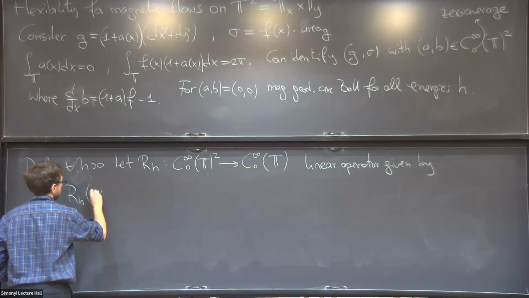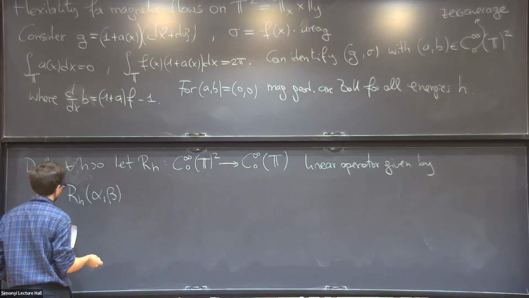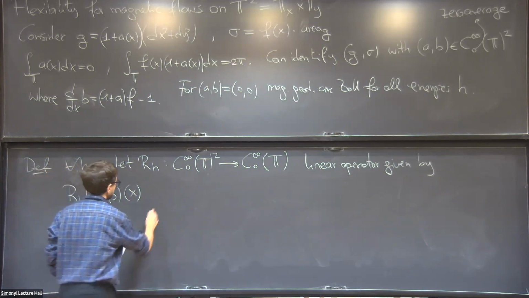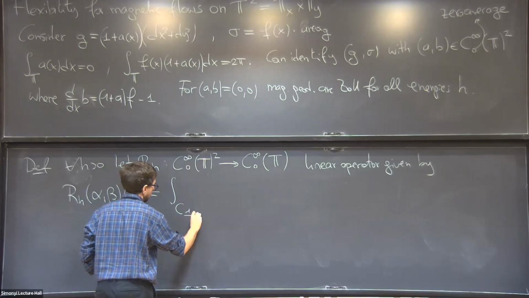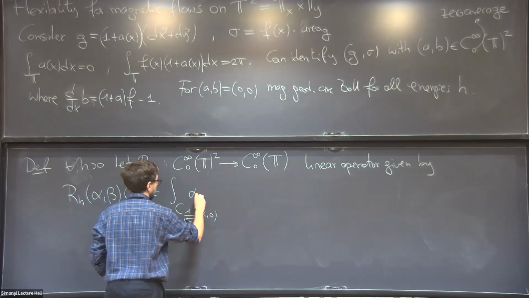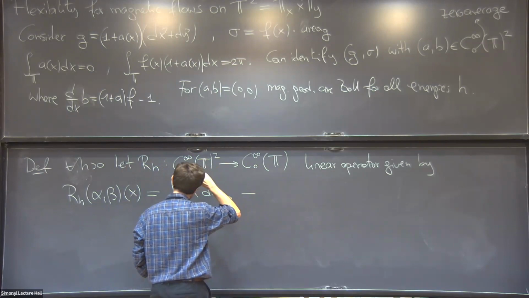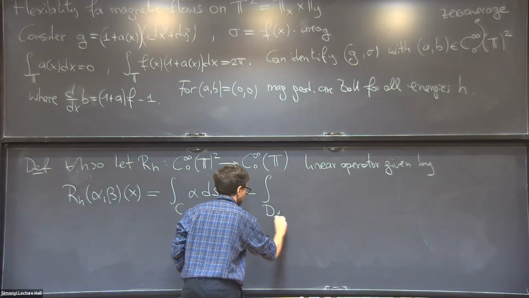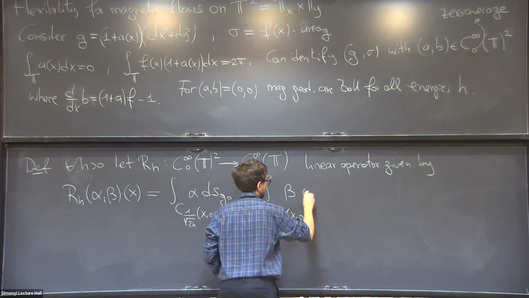Then I plug in two functions, and I need to find a function as output. So I want to evaluate this at a point x, and this would be the integral over the circle of radius 1 over square root of 2H, center x0, of alpha with respect to the length element, minus the integral over the disk, same radius, of beta with respect to area.